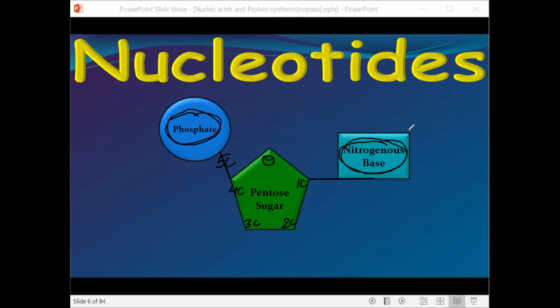Anyone remembers what a nucleoside is? When I change this, what will be missing from it, or what will be added in it?